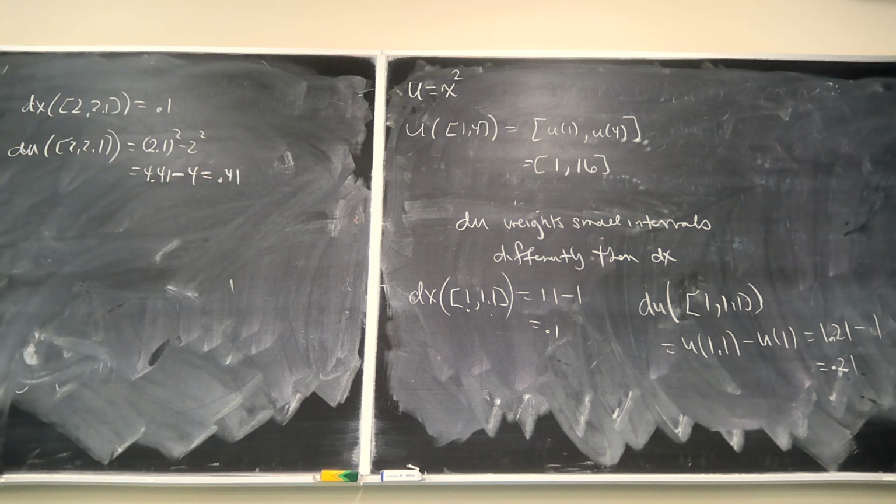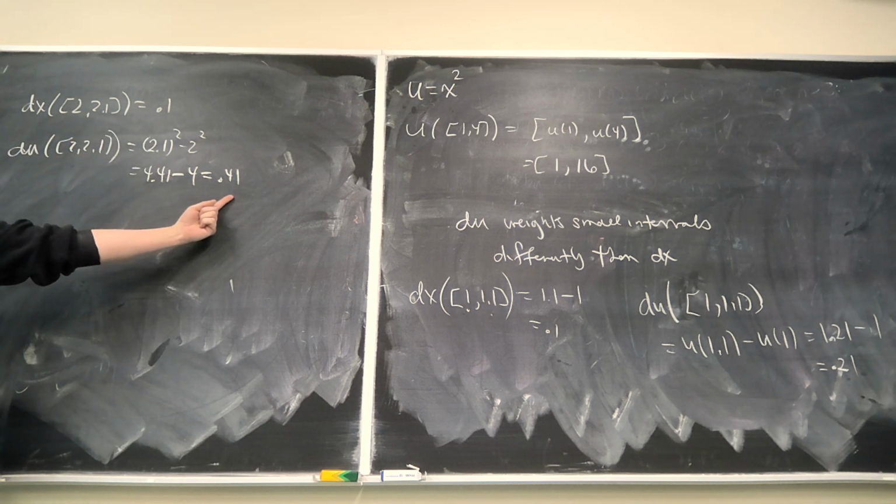Oh, no. It changed, it's not stable. du ate this interval, which is the same length in dx. It's still a 0.1 wide interval, but now it's 4 times as large instead of twice as large.